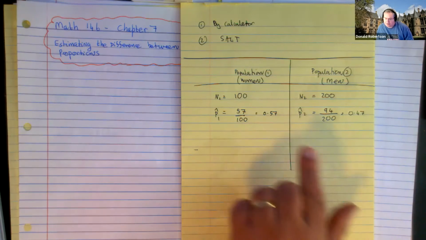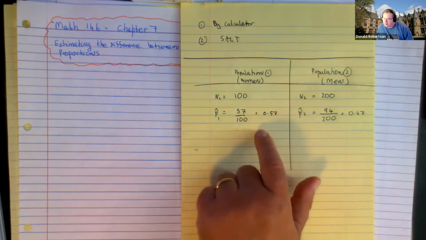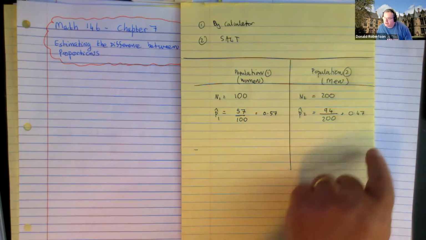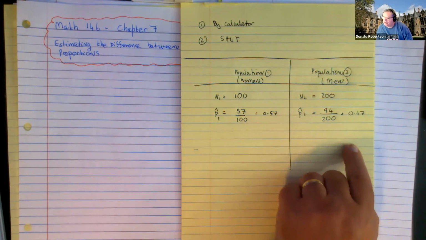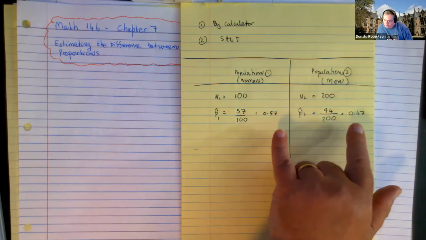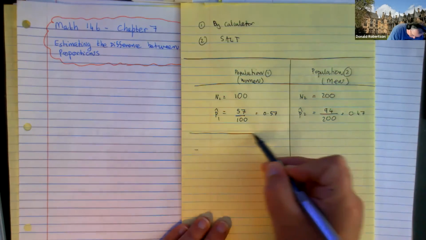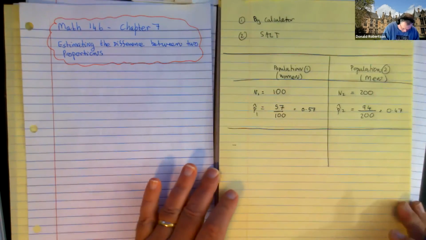But we know that that could just be a fluke of data. Couldn't you get a sample where there were a lot more women than there typically is, and a lot fewer men than there typically is? So we can't base it just on that, right? The point estimates. We have to create a confidence interval.